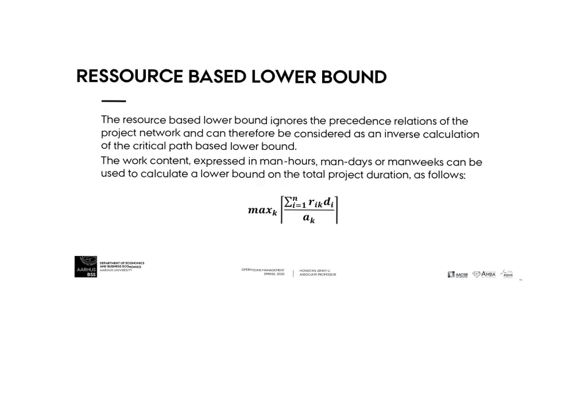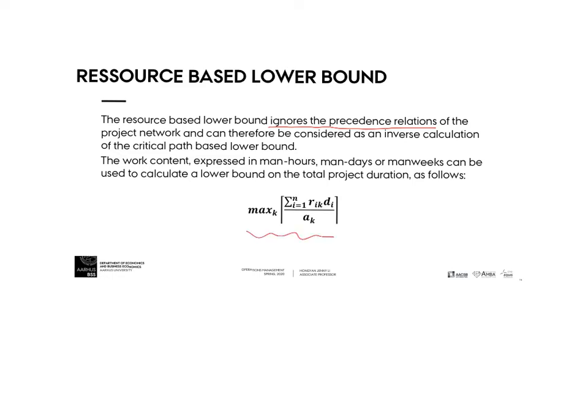Next, the second lower bound we can use is the resource-based lower bound. In this case, we ignore the precedence relations. It just relaxes the constraint for this problem, so the precedence relations are not considered.